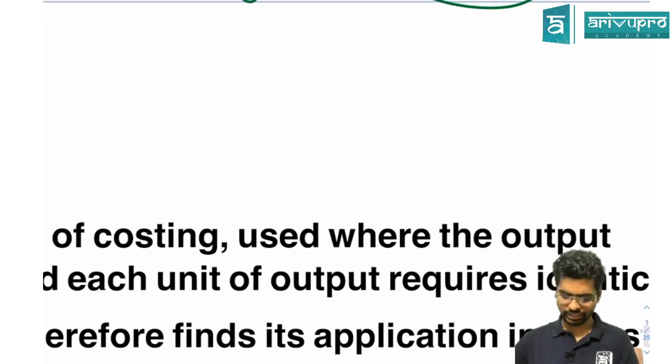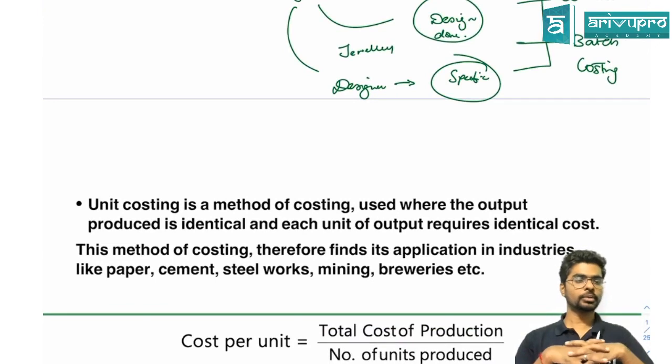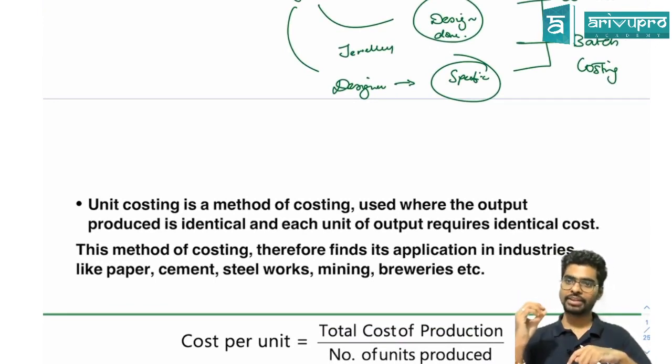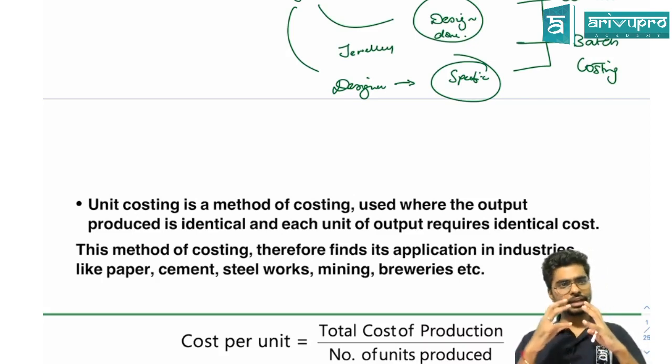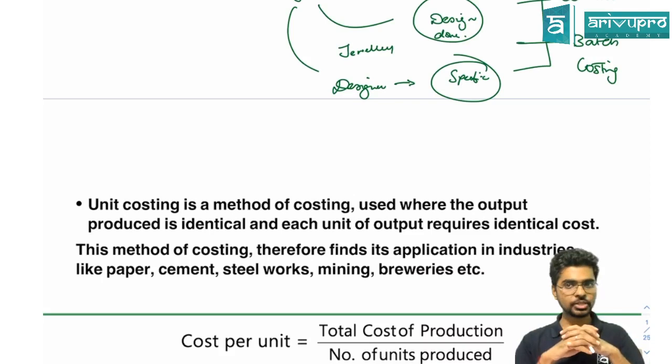What I am trying to find under unit costing is the cost per unit manufactured. For every identical unit I am manufacturing, I am trying to find out the cost per unit, right? We generally say in unit costing, the product produced is identical and each product requires an identical cost.